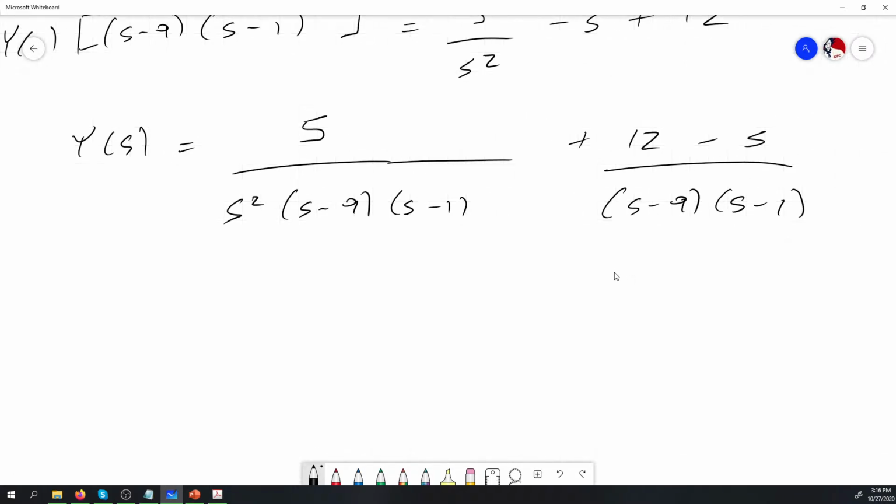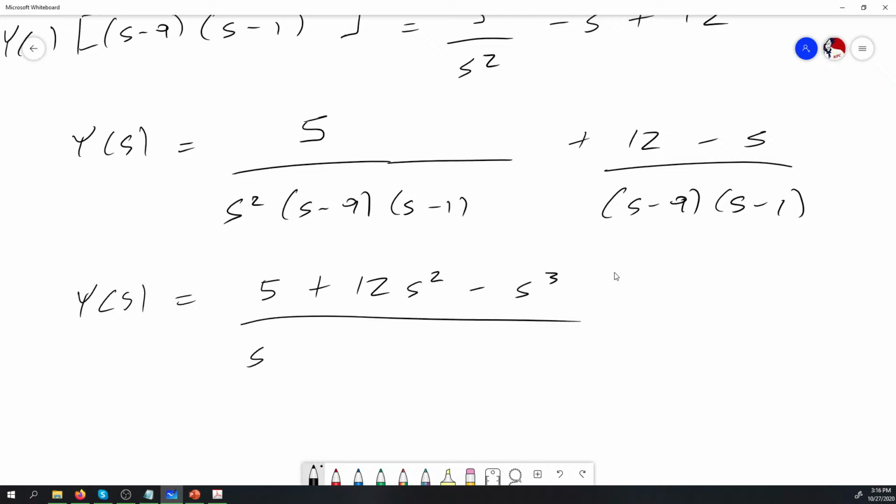And then we can combine the two together. So Y of s here will become 5 plus 12 s squared minus s cubed, all divided by s squared into s minus 9 into s minus 1.